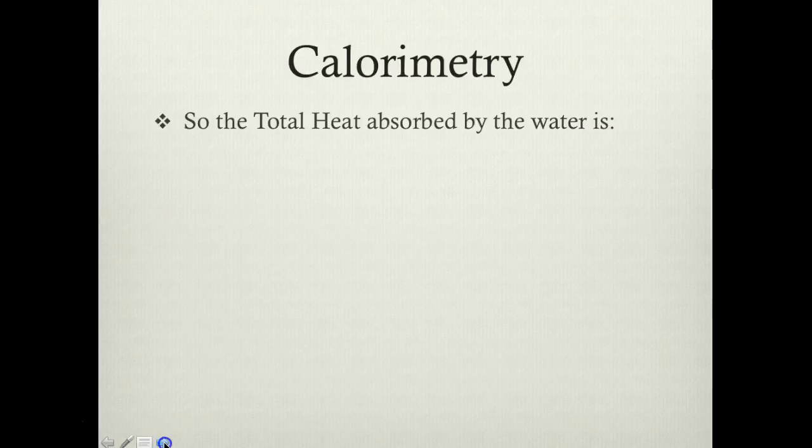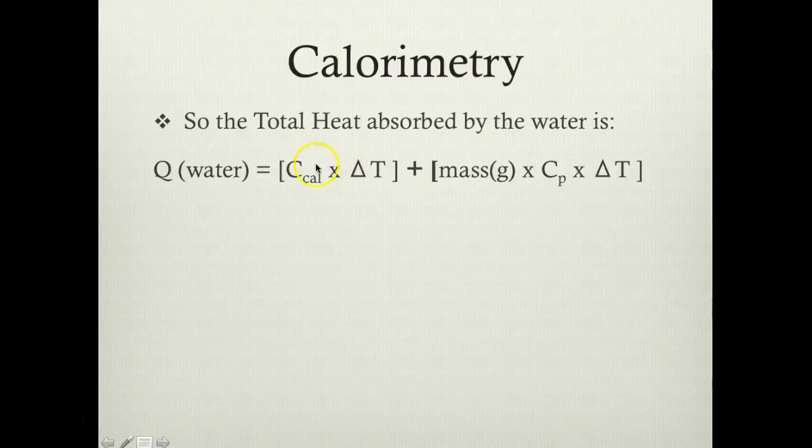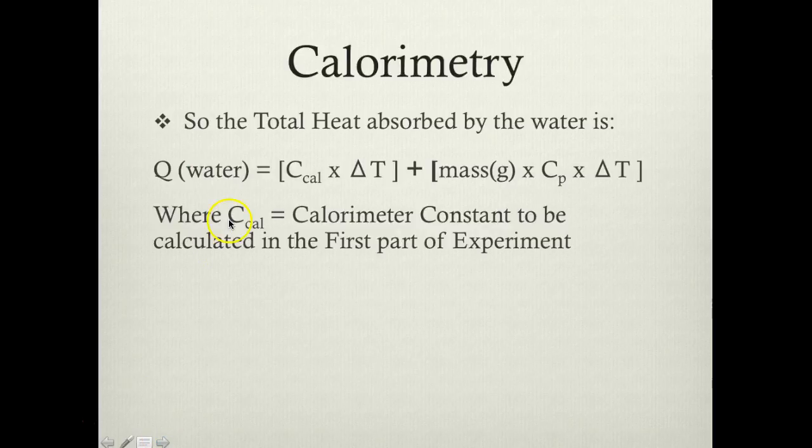So the total heat is going to be the heat absorbed by the walls of the calorimeter plus the heat transferred to the water from the reaction. That's the total heat, not just of the water, but the water plus the walls of the calorimeter. So Ccal is called the calorimeter constant, and that's the first part of the experiment.